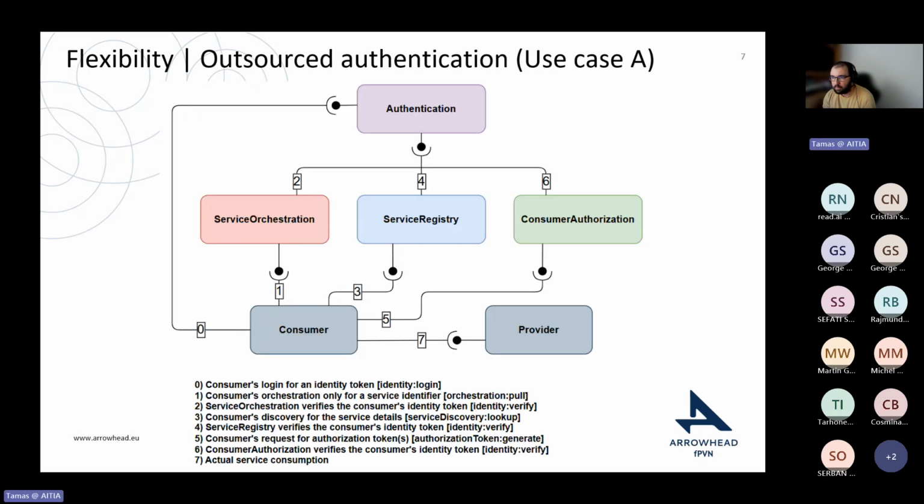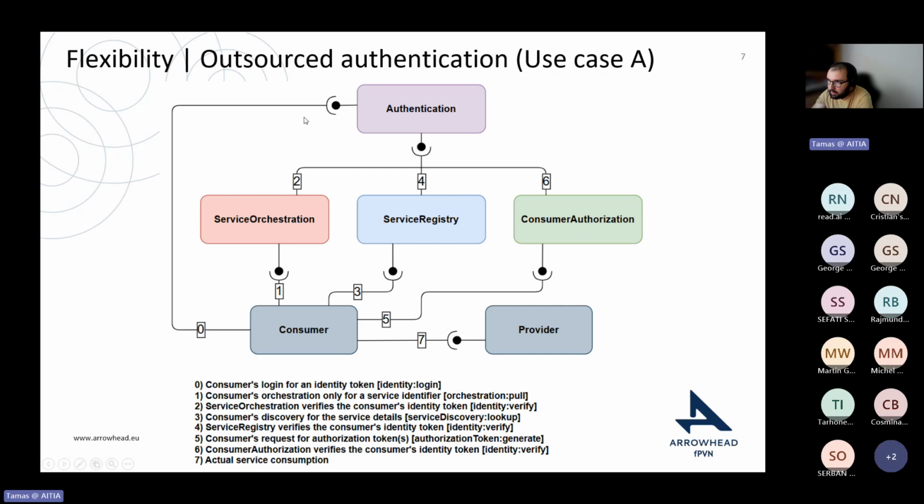So let's see how our example changes when we also have an authentication core system deployed into our Arrowhead local cloud. First, let's have the same example we had before with the individual working modes. Everything begins when the consumer logs in with the authentication core system by consuming the identity service and the login operation.